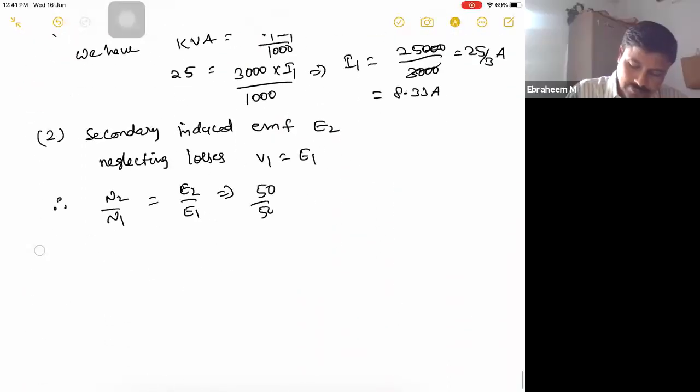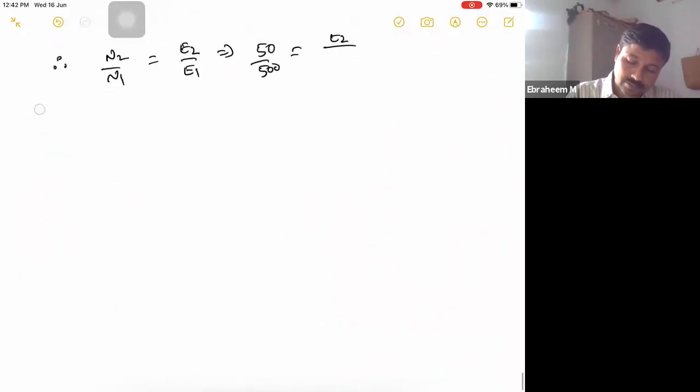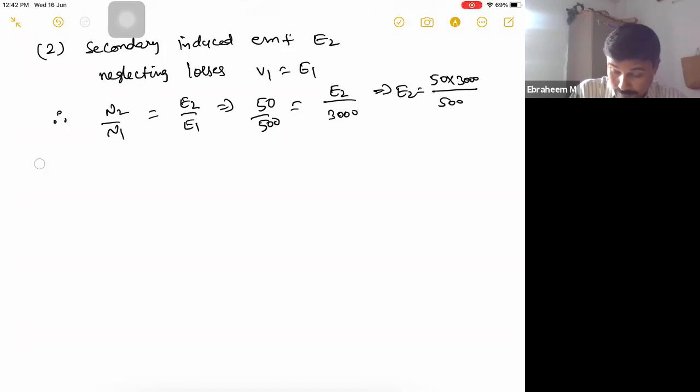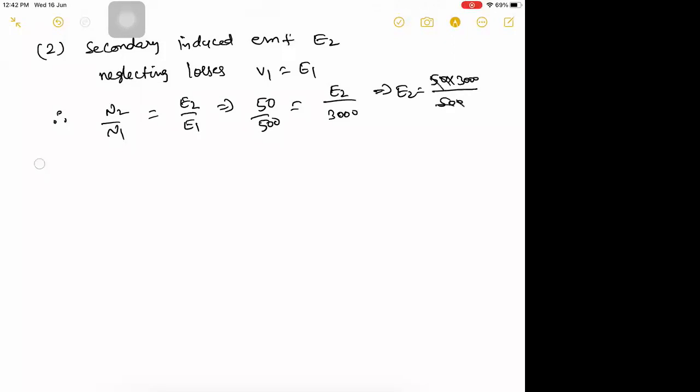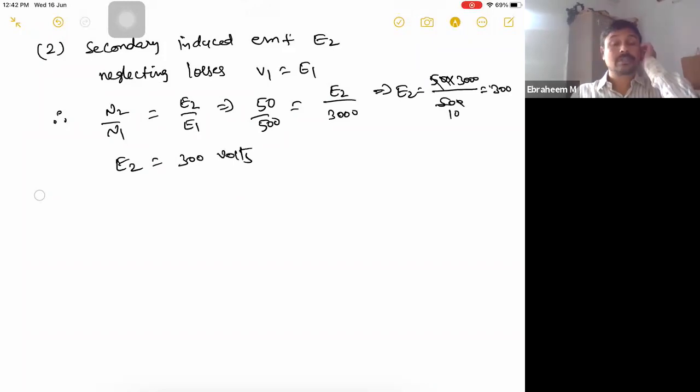So 50 by 500 is equal to E2 by E1, which is equal to V1. V1 is 3000. So E2 is equal to 50 into 3000 divided by 500, which is 300. So E2 is equal to 300 volts. Is that clear?